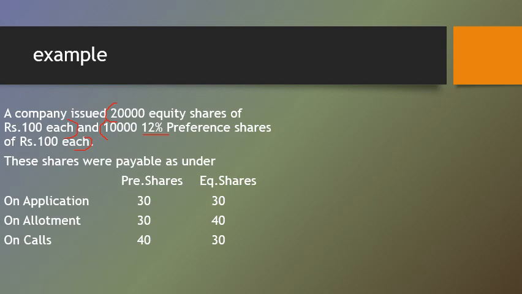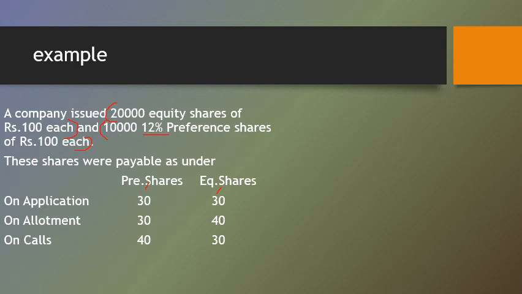Here it is payable on application: preference shares rupees 30 and equity shares rupees 30; on allotment: preference shares rupees 30 and equity shares rupees 40; and on calls: preference shares rupees 40 and equity shares rupees 30. Let's see how we will pass the journal entries.